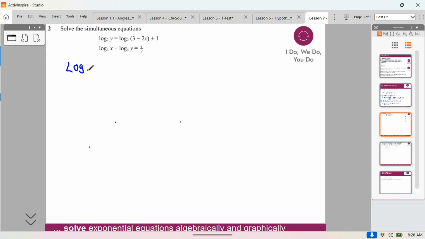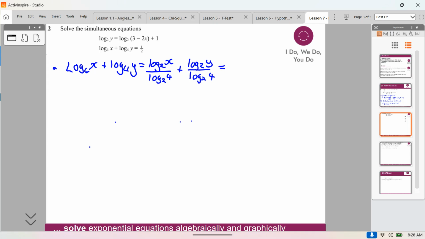So I have log 4 of x plus log 4 of y. I'm going to take that and convert it to base 2. So I get log 2 of x over log 2 of 4 plus log 2 of y over log 2 of 4.